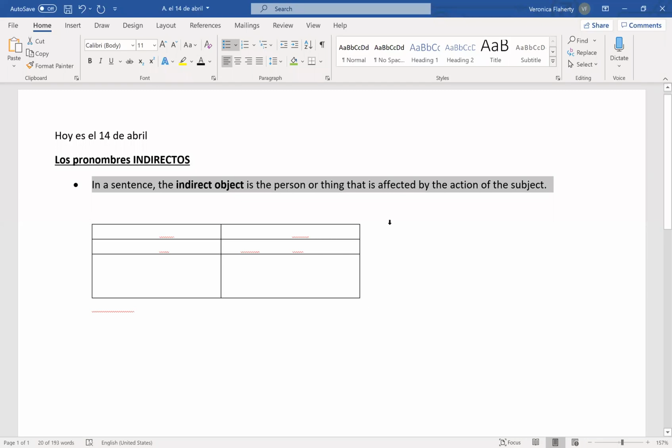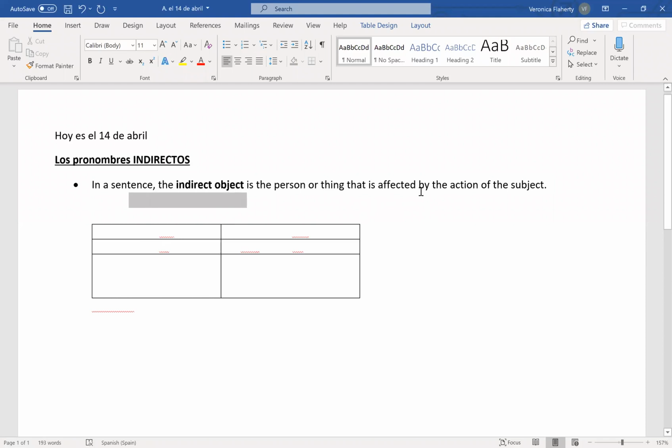So in a sentence, the indirect object is the person or a thing that is affected by the action of the subject. Now, that's very wordy, but when we look at an example, it can be a little bit easier. So I throw the ball to you. Who's the subject?